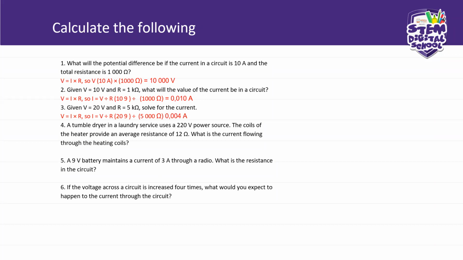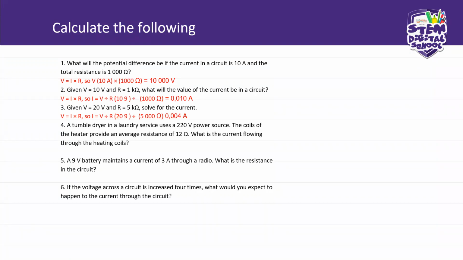Okay. A tumble dryer in a laundry service uses a 220 volt power source. The coils of the heater provide an average resistance of 12 ohms. What is the current flowing through the heating coils? So you calculate current here. So your current is your voltage divided by your resistance.